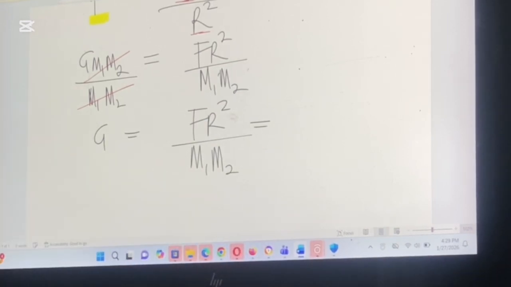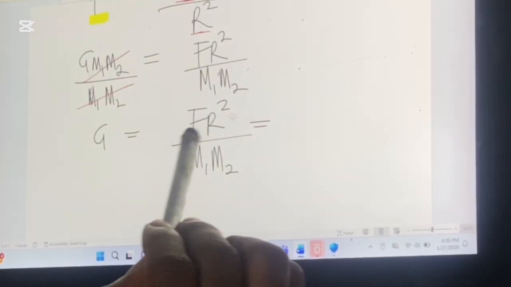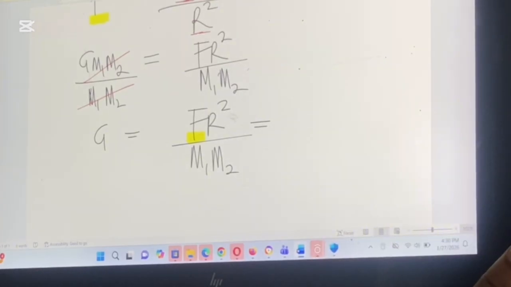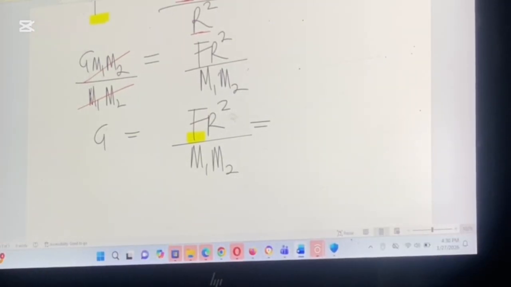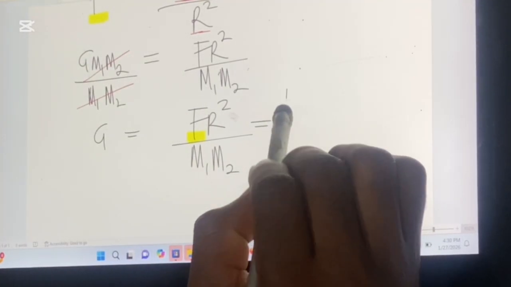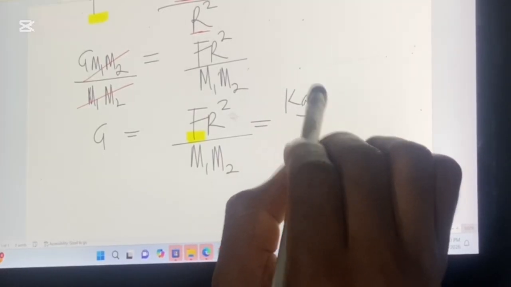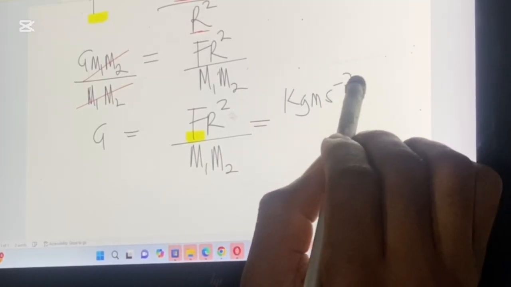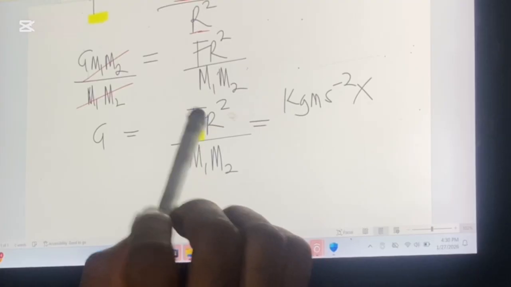So let's write down the units one by one. The unit of force, we have already done that in part 1. In case this is your first time to view this, you can get our video on units and dimension part 1. So write down the unit of force, that is kg meter per second squared, times this.